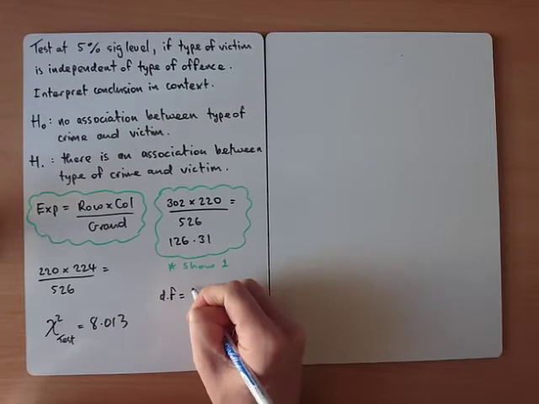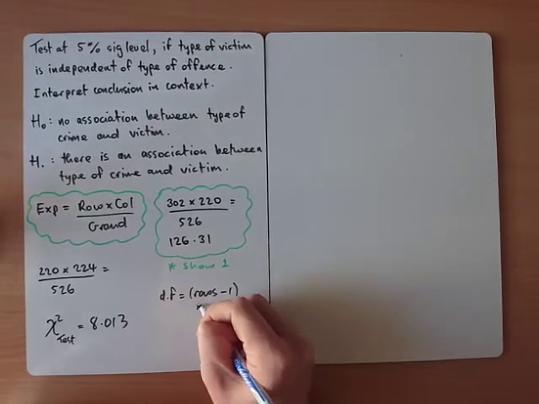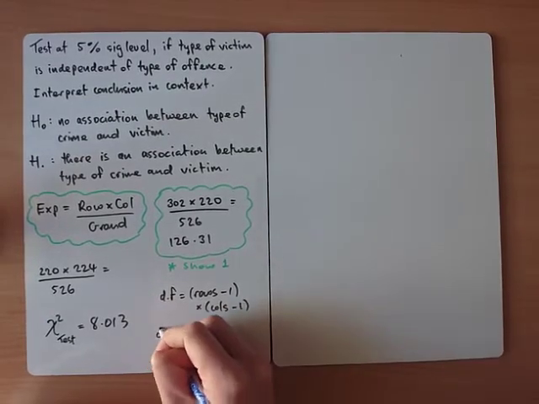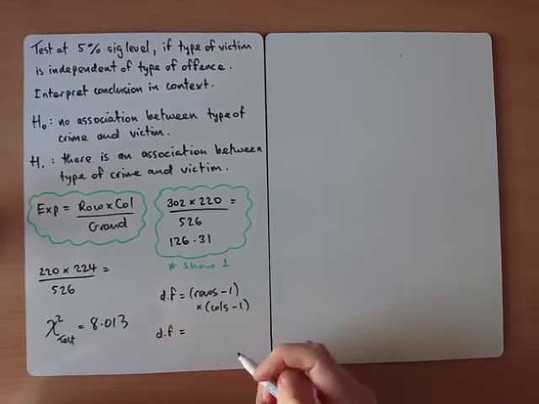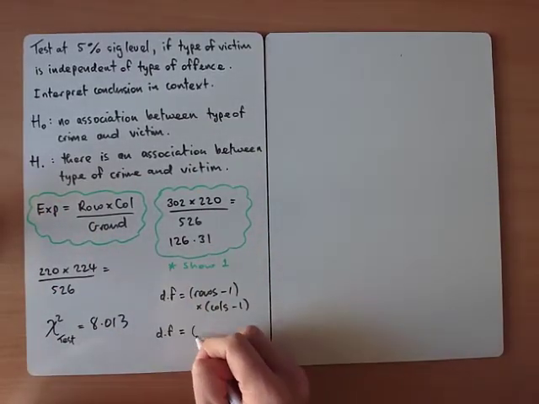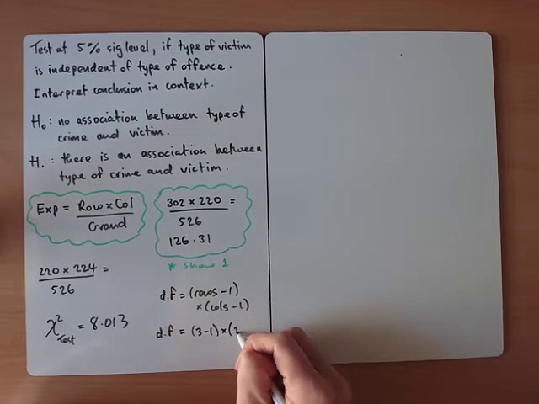The calculation for this is rows minus 1 times columns minus 1. For our table, we had 3 rows and we had 2 columns.